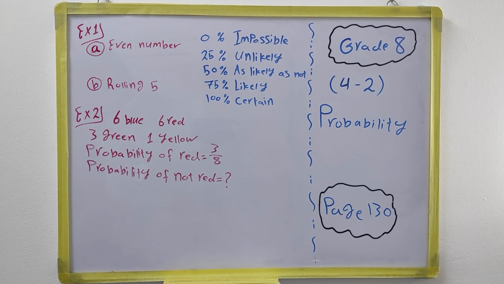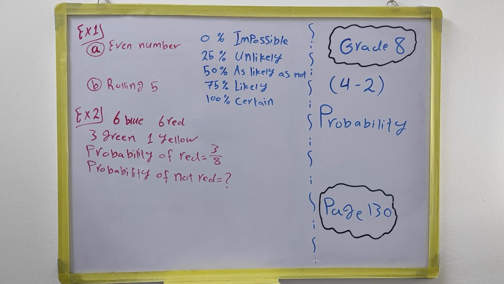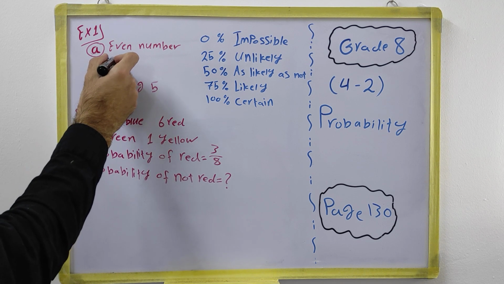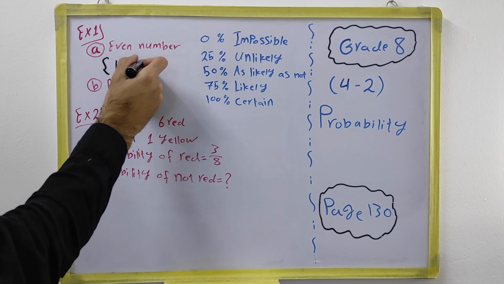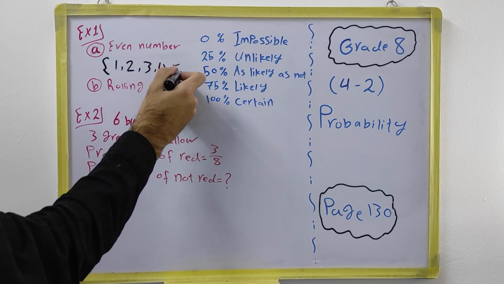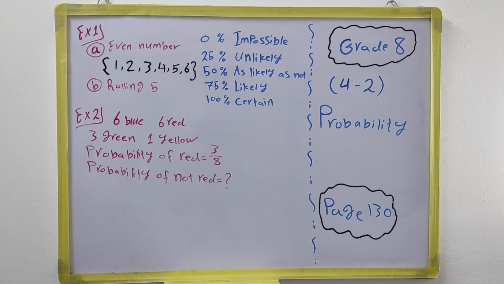A, it tells you rolling an even number on a number cube. We know in a number cube we have these numbers 1, 2, 3, 4, 5 and 6. The question is about rolling an even number.